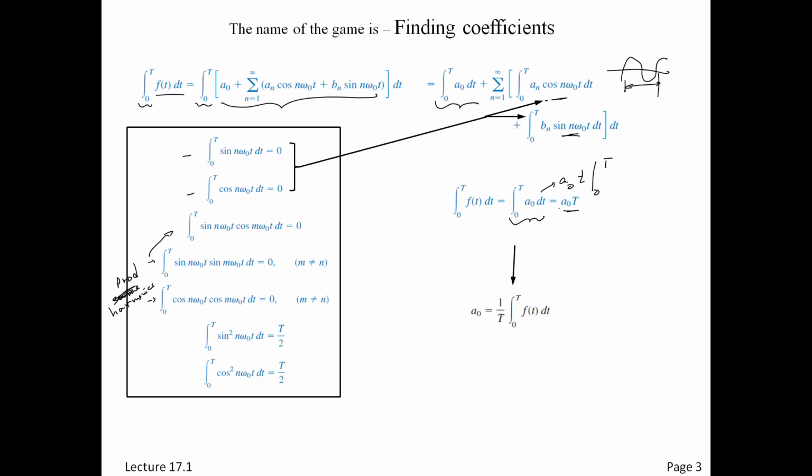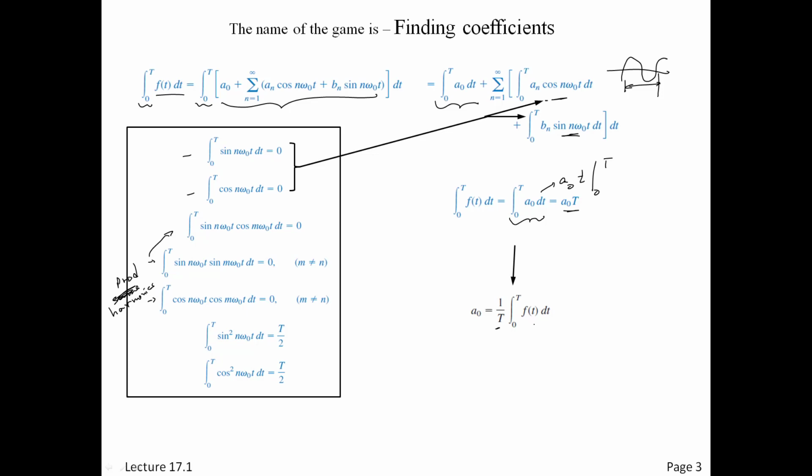So where does this go? A0, solving for that, is simply 1 over the period. So this is the inverse of the period, times the integral of the function over that period. And you can imagine if the function itself is a single-valued sine wave, then the DC offset is 0. And this will just prove that out.